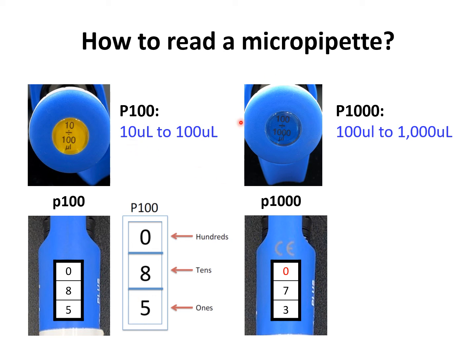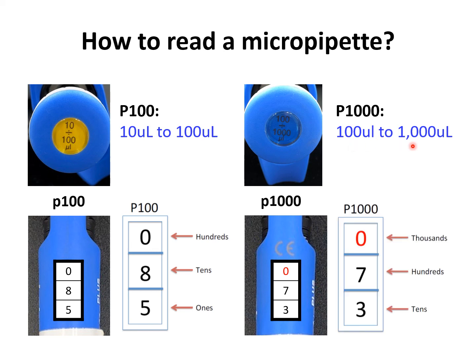Okay, now if I'm using the P1000, the minimum that I can set it to is 100, and the maximum I can set it to is 1,000. So one more time, you're always going to have those 3 boxes. But in this case, your first box is going to represent the thousands.